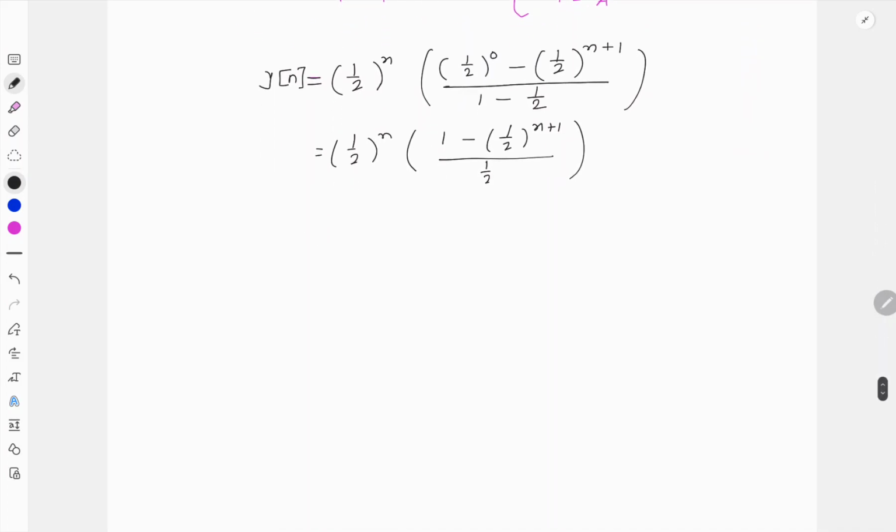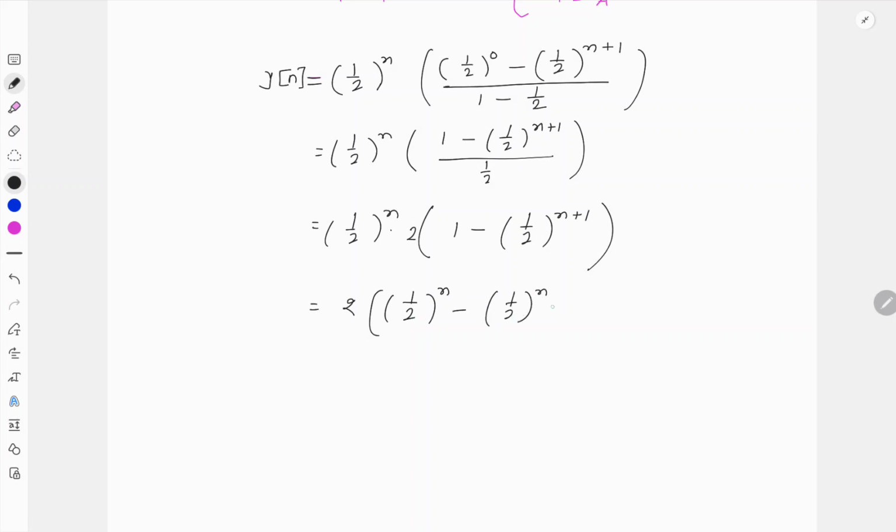So further it will be 1 by 2 raised to n into 1 minus 1 by 2 raised to n plus 1, and this denominator 2 we can take out and multiply it with this equation. So now it becomes 2 into, I will multiply this 1 by 2 raised to n term inside the bracket, so 1 by 2 raised to n minus 1 by 2 raised to n into 1 by 2 raised to n plus 1.